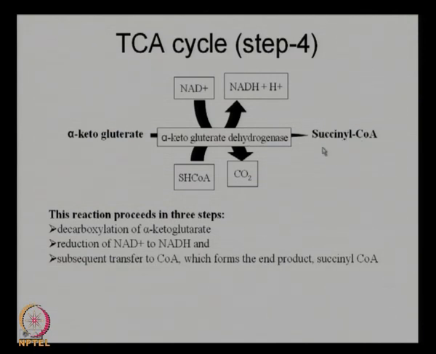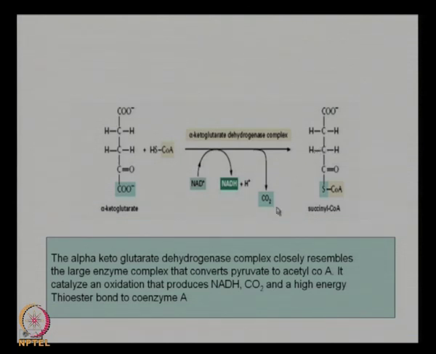If we see the reaction, this is alpha ketoglutarate, with 1, 2, 3, 4 and 5 carbon moieties. When one molecule of carbon dioxide leaves and coenzyme A binds to the succinyl group to form succinyl CoA, this becomes a 4-carbon compound. So, this is the reaction.